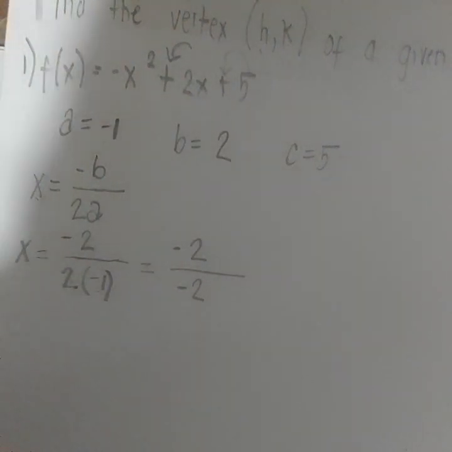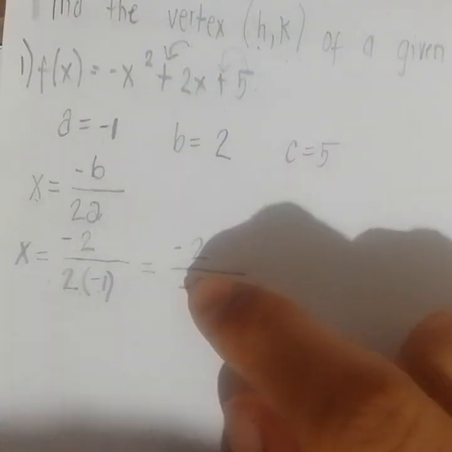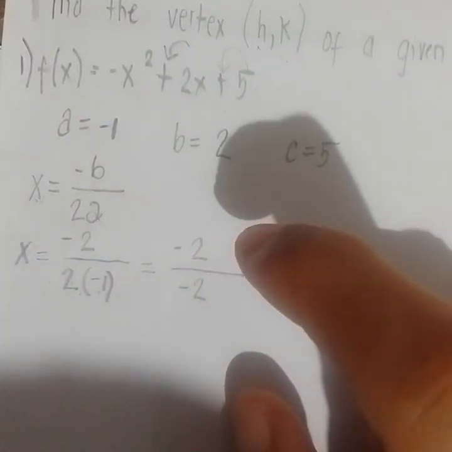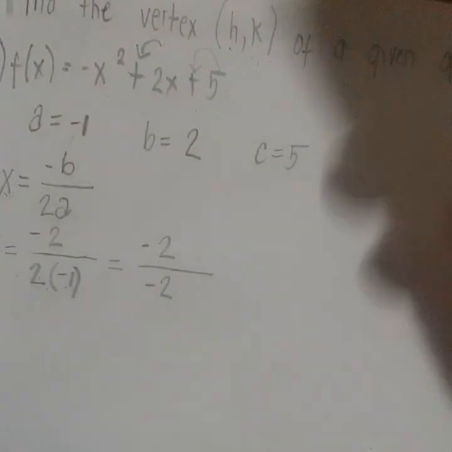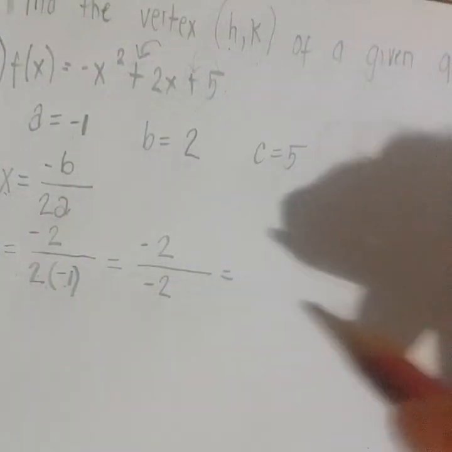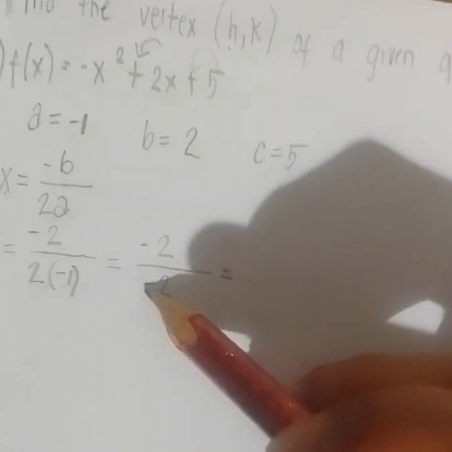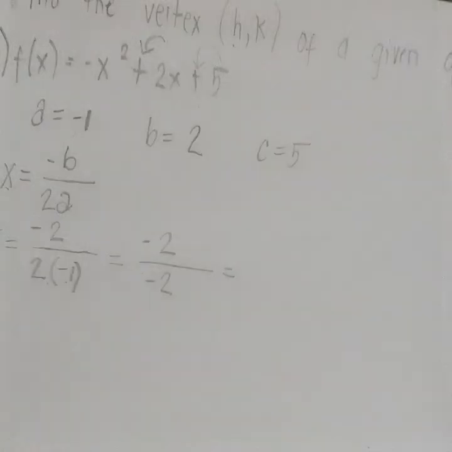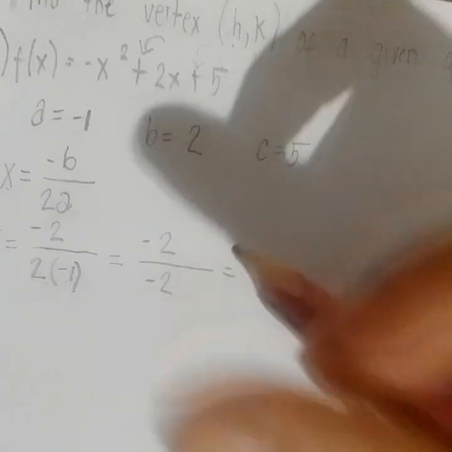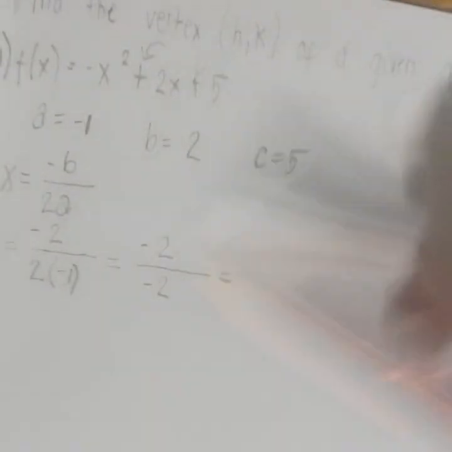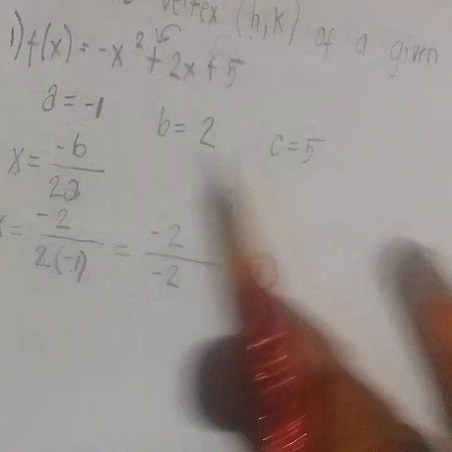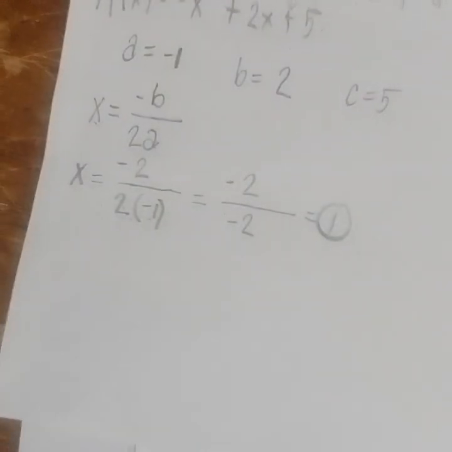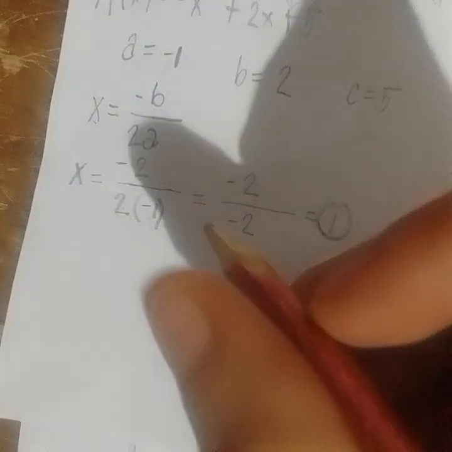So now we will proceed in dividing the remaining single terms in the numerator and denominator. Now we will divide first the sign. We have negative divided by negative, dividing the same sign. That will lead to a positive sign, and proceed to the values. 2 divided by 2 is 1. So therefore, the value of x, or the x coordinate of your vertex, is positive 1.